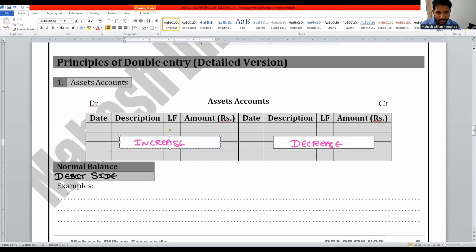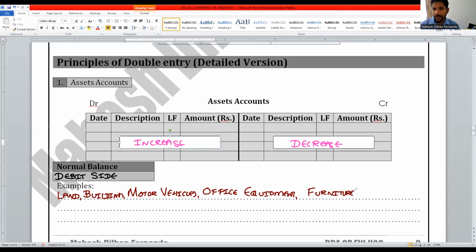Examples of assets: land, building, motor vehicles, office equipment, furniture, fixed deposits, other investments.